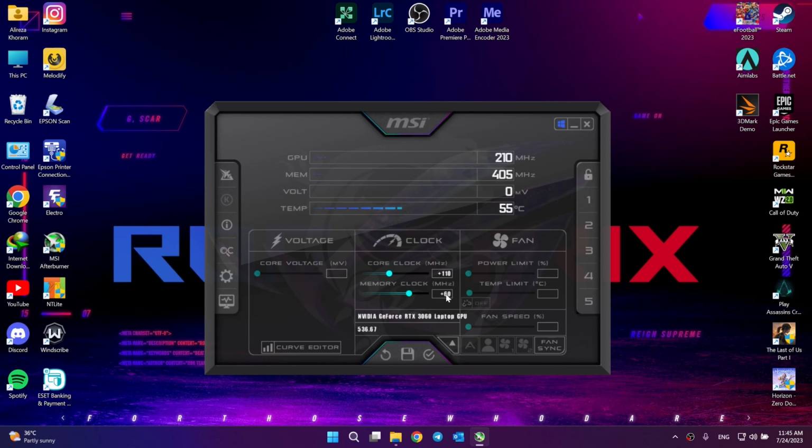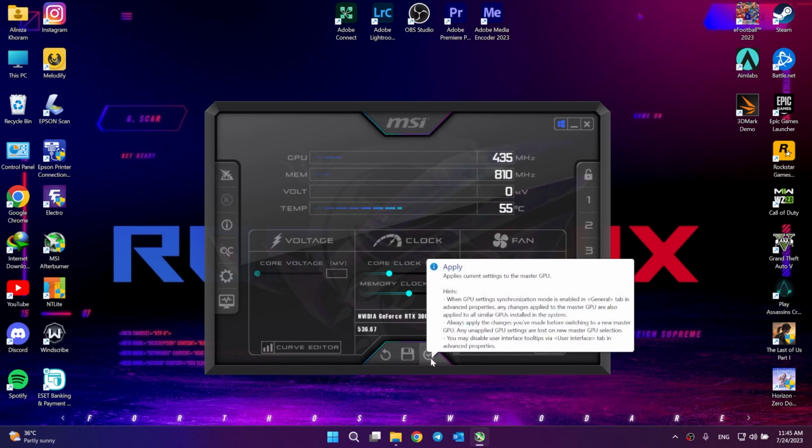We have to test using benchmark tools or stress test, running games for a few minutes, and then we have to monitor our graphics card. And don't forget to tap on the apply option every time you make changes.